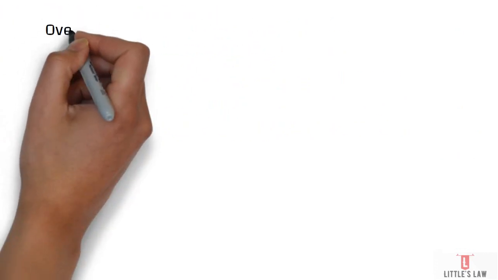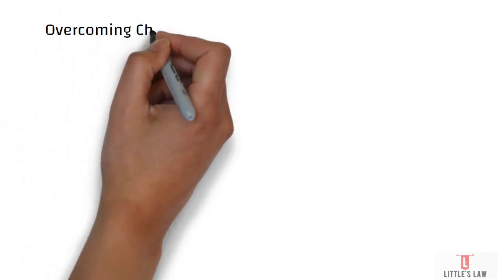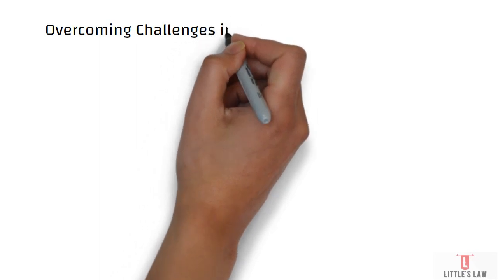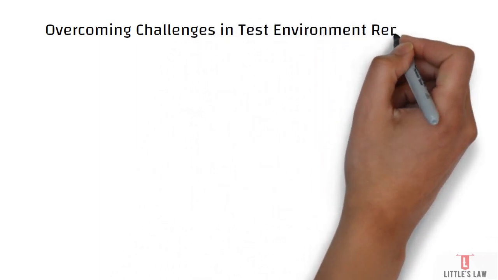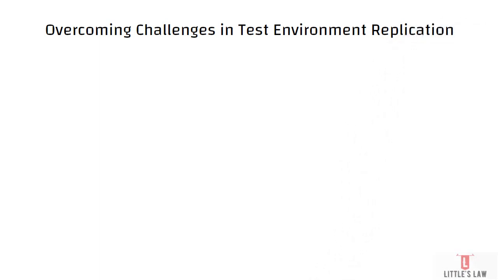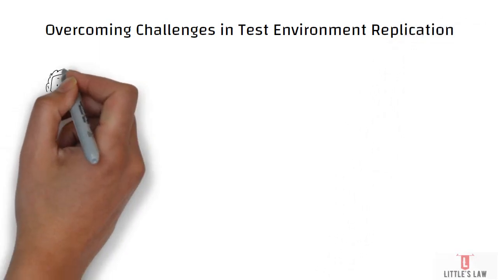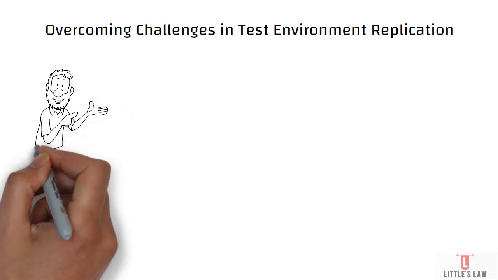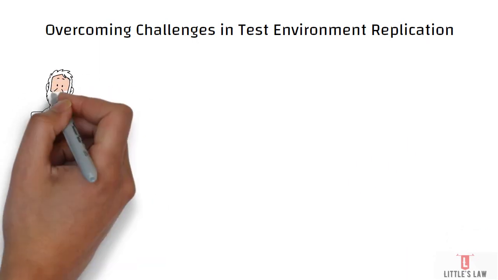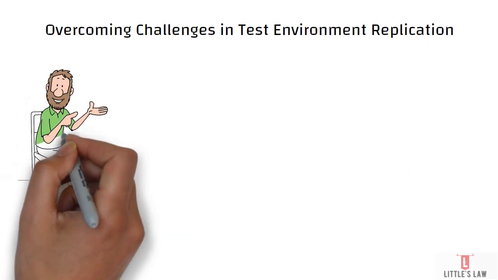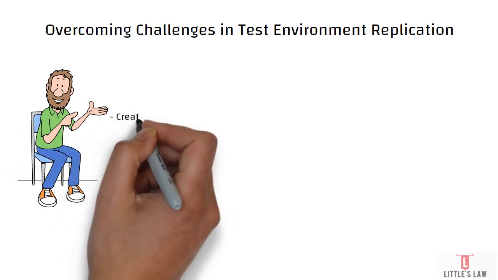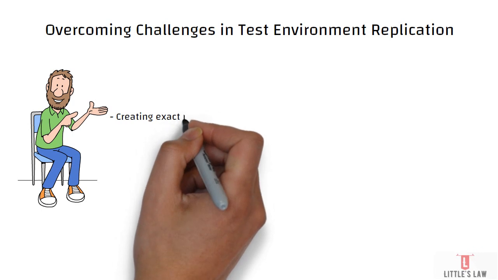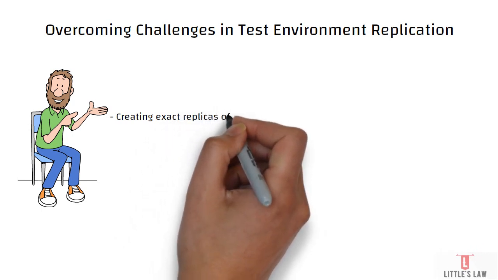So I think so far you could have understood what we are trying to do when identifying the test environment. Now we will see overcoming the challenges in the test environment. However, creating an exact replication of the production environment for testing purposes is often challenging and quite impractical due to various constraints.